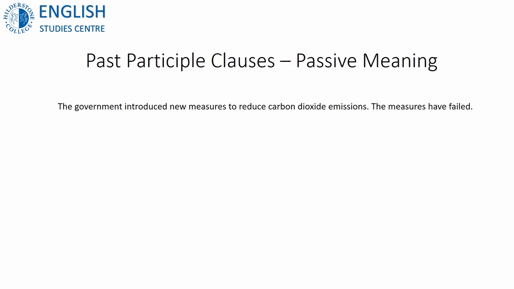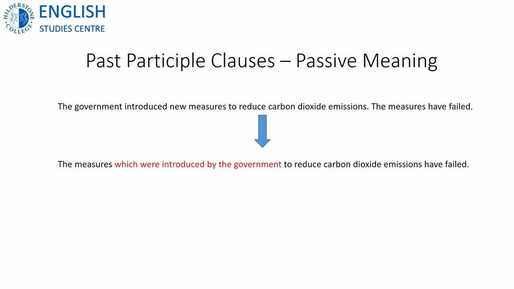Now, of course, we can combine those, as you can see in the first rewrite here. The measures which were introduced by the government to reduce carbon dioxide emissions have failed. Now, you recognise, I'm sure, that which were introduced is a relative clause.